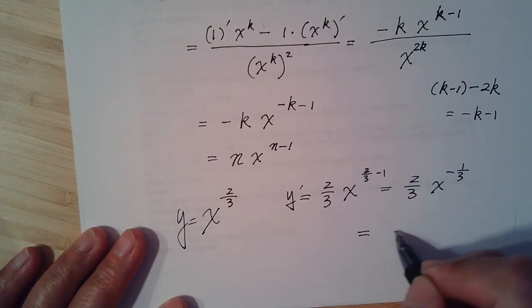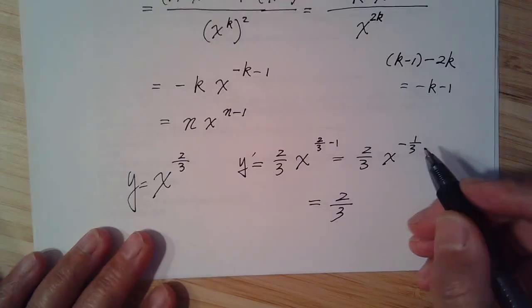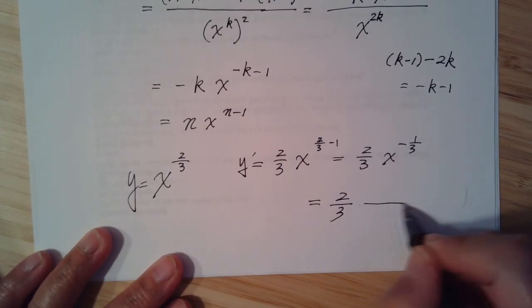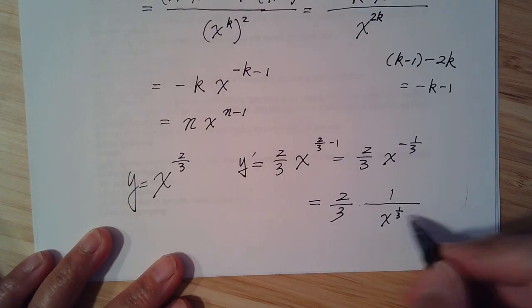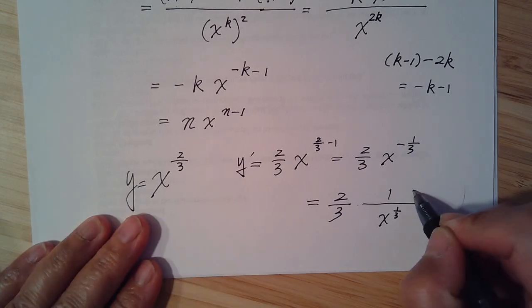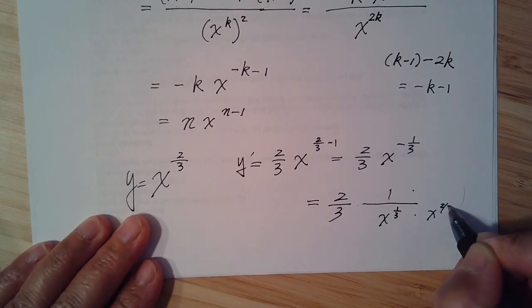So that is 2/3, and we don't want the denominator to have this negative sign. So here is x to the 1/3, or this is the cube root. You multiply by x to the 2/3.